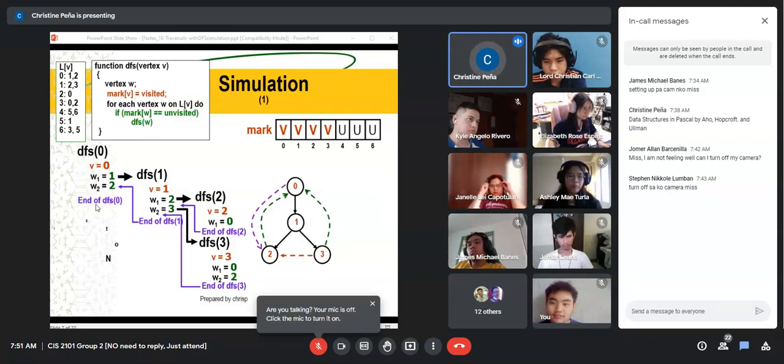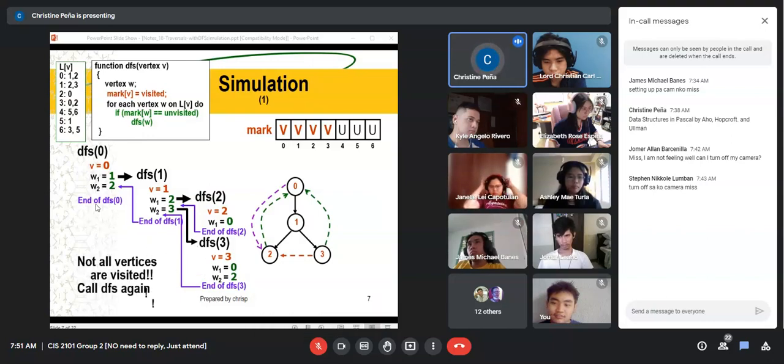Notice here that not all vertices are visited. It's also possible that all are visited right away, but I'm illustrating this because of the possibility. I think this is an example from the book, I'm not sure.